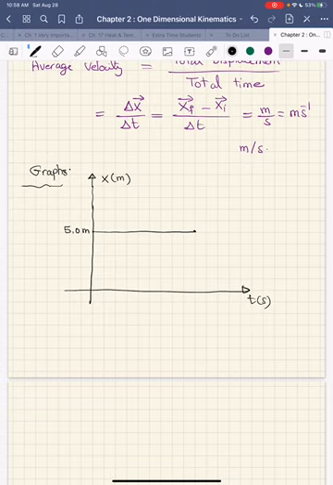I'm going to give you maybe just 30 seconds to look at the graph and think, and then I'm gonna answer the question.